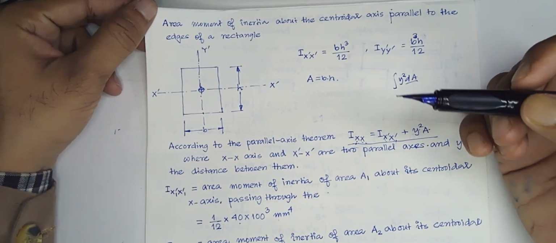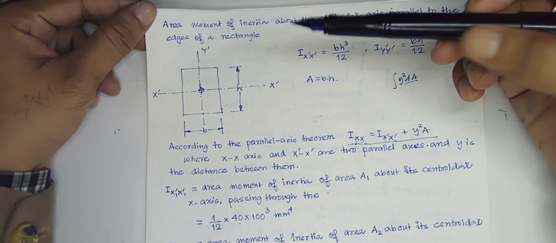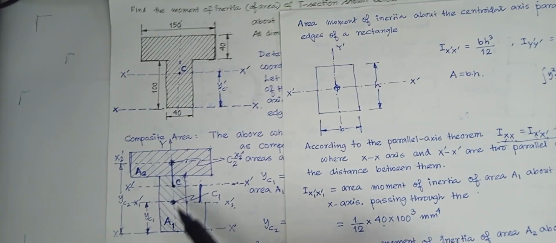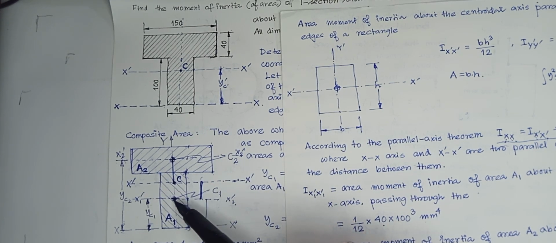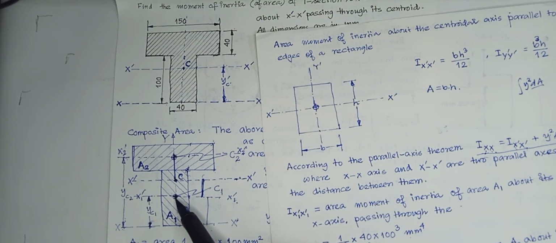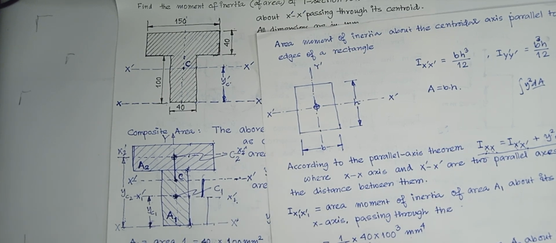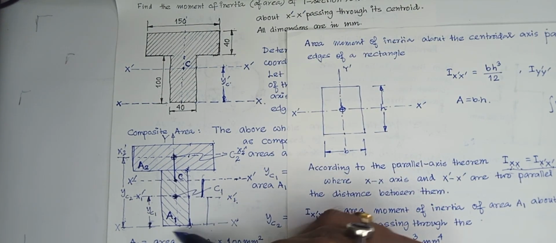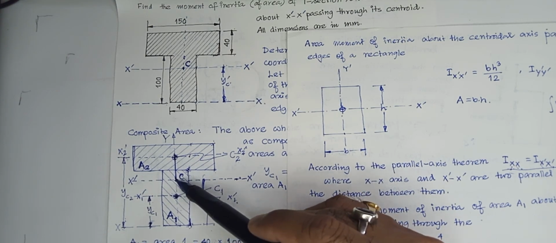Here we will basically use the parallel axis theorem, because for this regular area, the moment of inertia is readily known about its centroidal axis. Now we will determine the moment of inertia of this area about this axis.